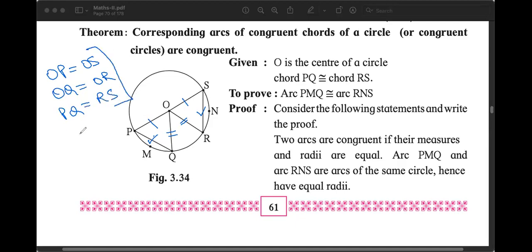Using these three, can I say that triangle POQ is congruent to triangle ROS? Can I say that? And if I can, then what test?